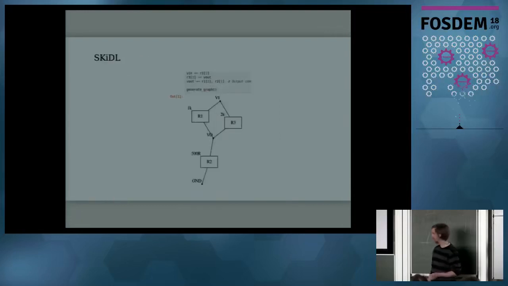So I added this graph-based output to Skiddle, and I made it look a bit like a schematic, though I knew it would never look like a schematic, and that's how far I got with it. It seemed like it would be okay for simpler circuits, but as things scale up, it could get problematic.